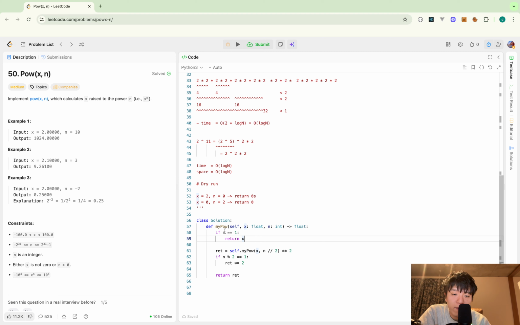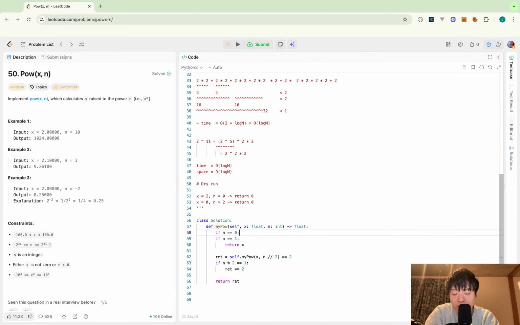Because n is not 1, I go to line 61. And n divided by 2 is 0, so I call this recursive function with x and 0, which is the same argument as the first one. So this causes the infinite loop.